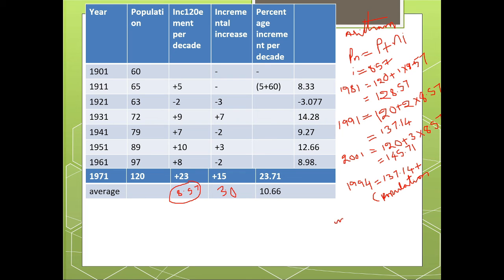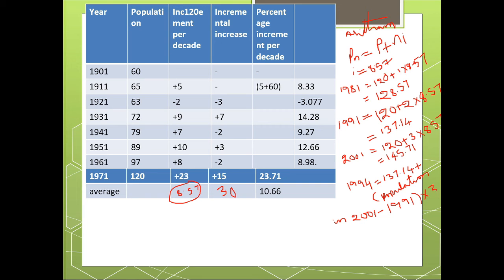Population in 2001 minus population in 1991, multiplied with how many years from 1991 to 1994? 92, 93, 94, total 3 years.